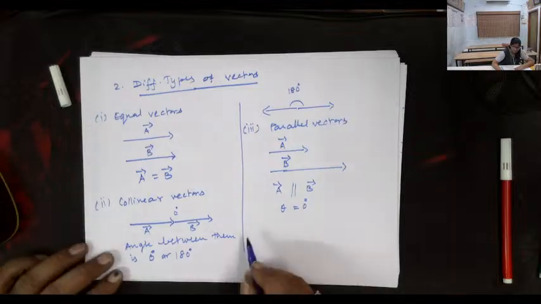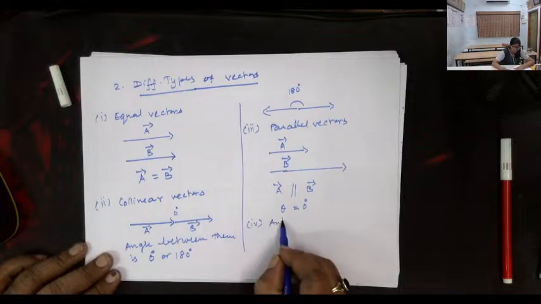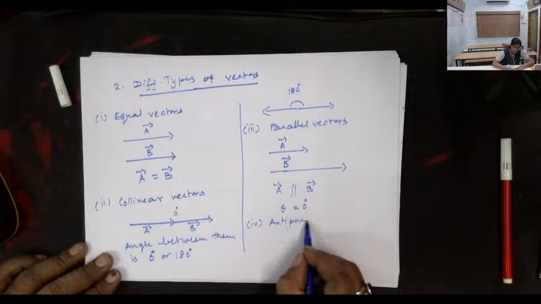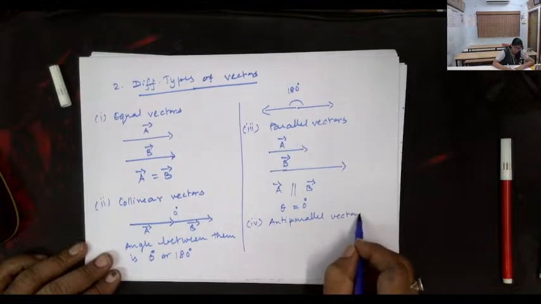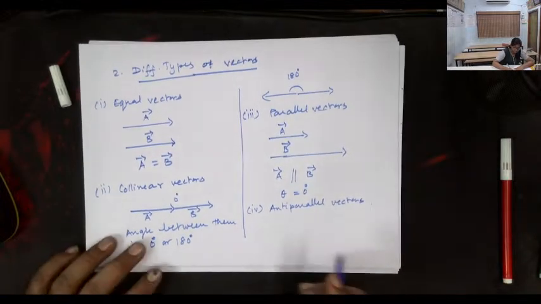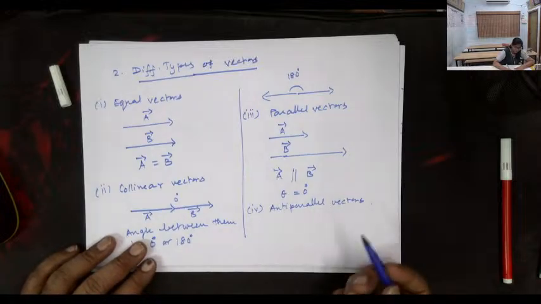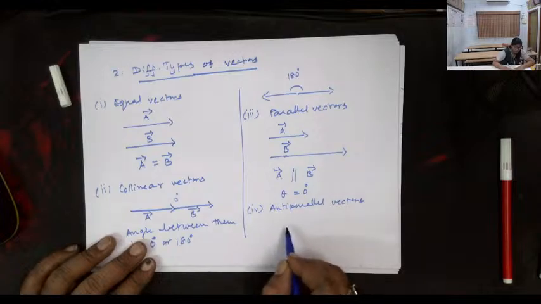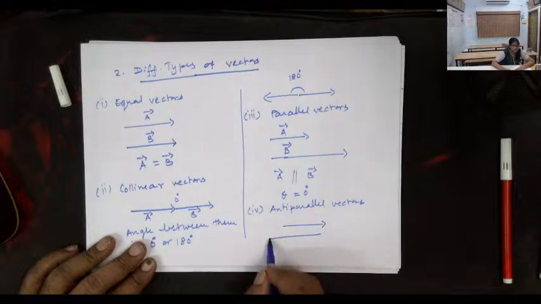Anti-parallel vectors. It means the two vectors A and B are said to be anti-parallel when they are in opposite direction. So one vector is in this direction, another vector is in this direction.